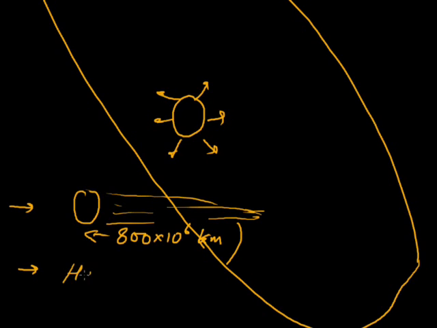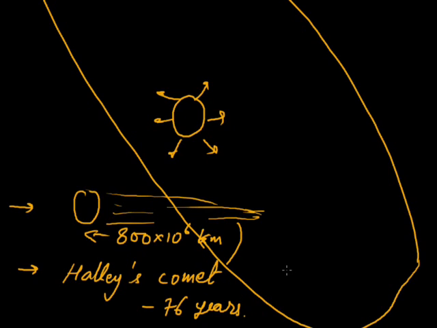For example, there is Halley's comet. It has a time period of about 76 years. It last appeared in 1986, and it will appear next in 2062.